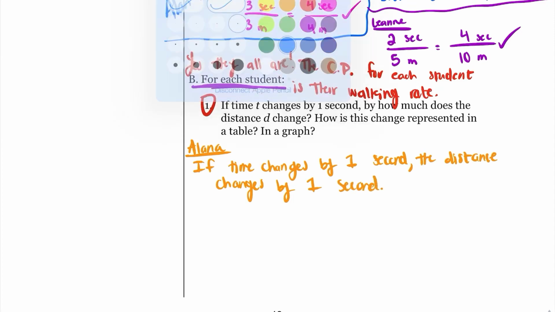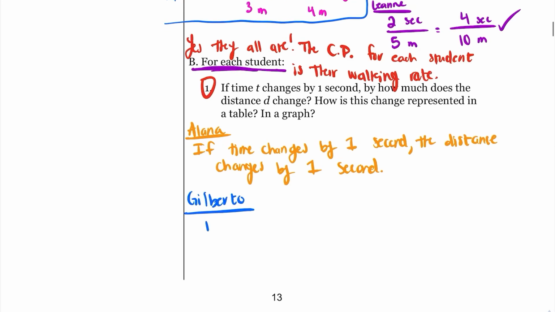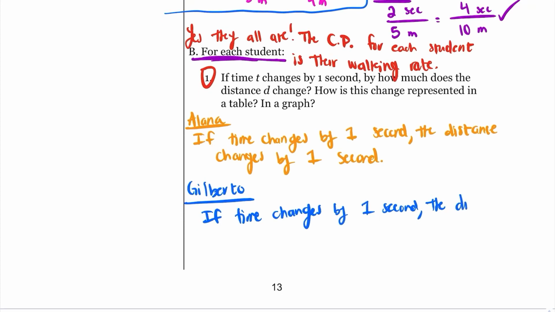Okay, let's talk about Gilberto. What happens when you change time by 1 second? Well, if time changes by 1 second, and yes, I'm writing complete sentences, the distance changes by 2 meters.